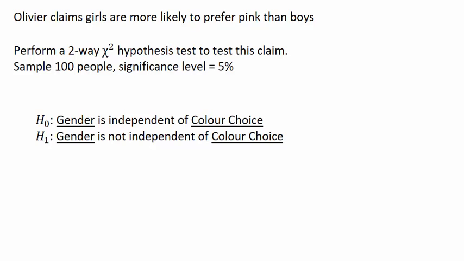What Olivier claims is saying that it is not independent. They're dependent in some way. There's some relationship or link between them. So the neutral position is no, there's no link at all. You are going to have to provide evidence for us to reject this null hypothesis. That's the same setup as every hypothesis test.